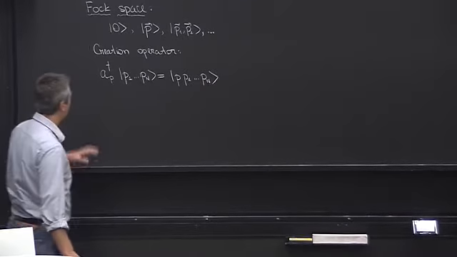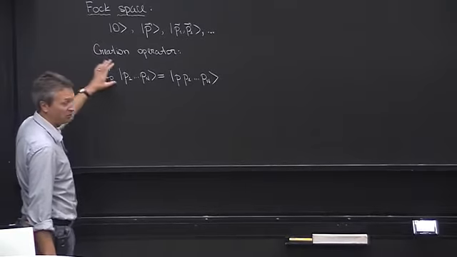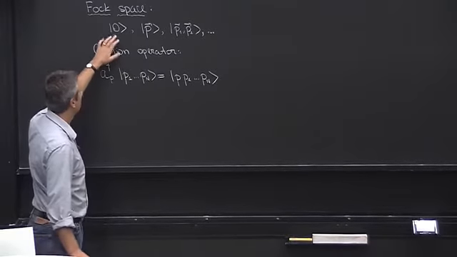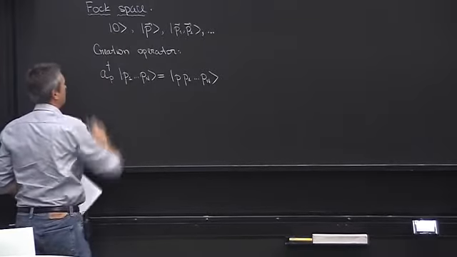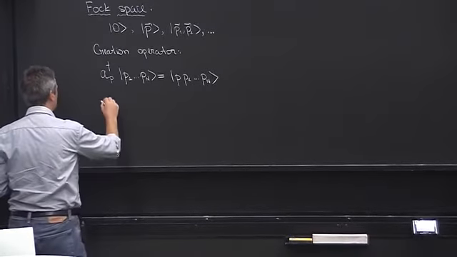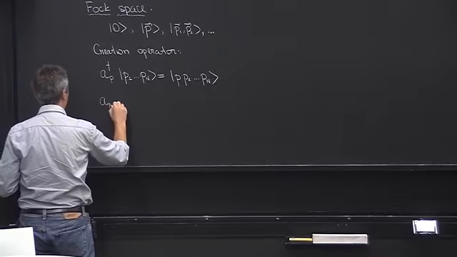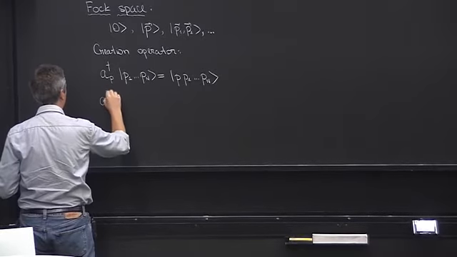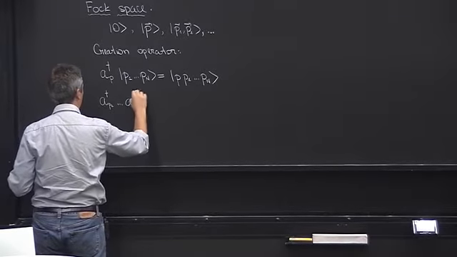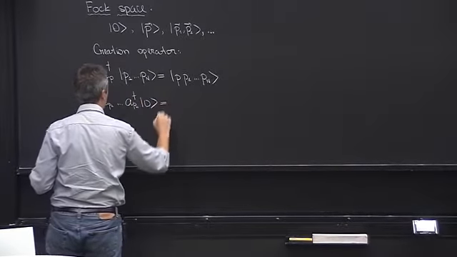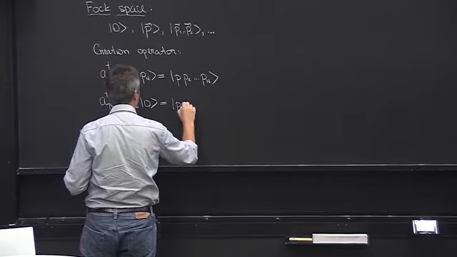So in principle, having this operator, we can reconstruct all the Hilbert space starting from the empty state. If we apply the creation operator n times, we reconstruct the state with n particles.